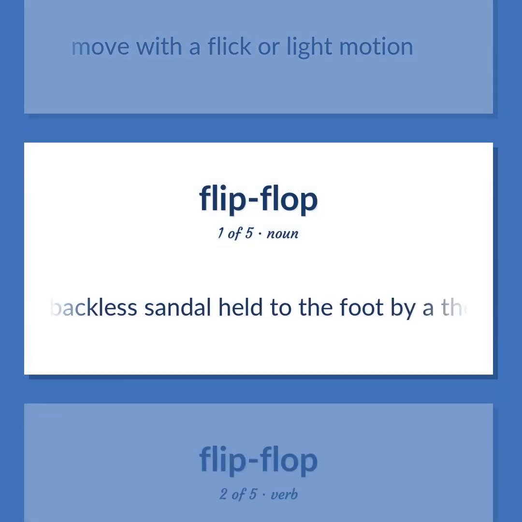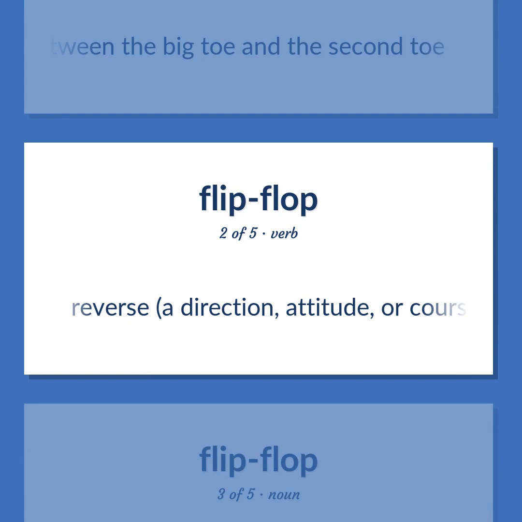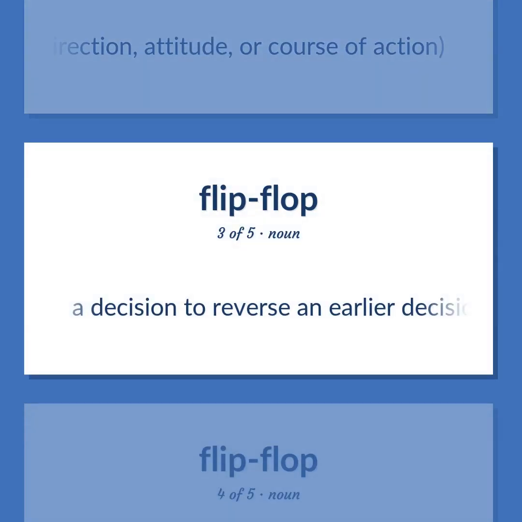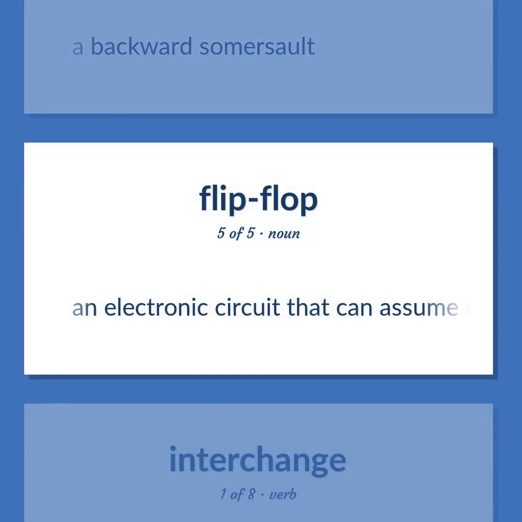A backless sandal held to the foot by a thong between the big toe and the second toe. Reverse, a direction, attitude, or course of action. A decision to reverse an earlier decision. A backward somersault. An electronic circuit that can assume either of two stable states.